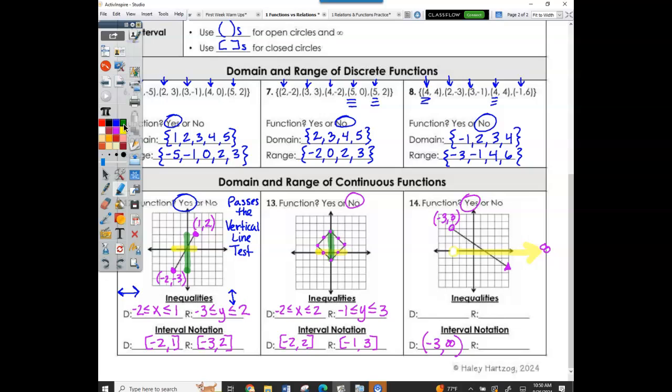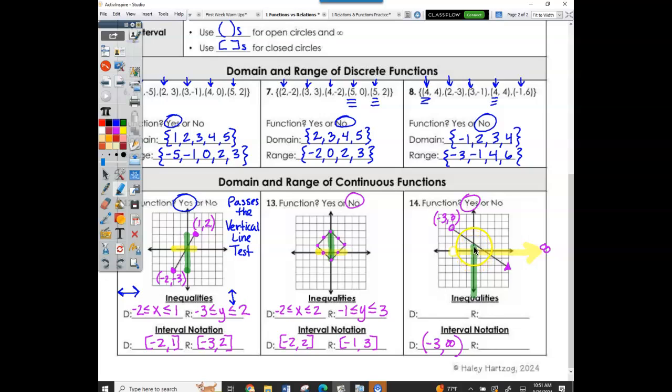So the graph is running this way, which means it's also running down. So as it's running down, and then we come up here, what's the highest y value? Where does it stop? Do I keep going? Nope, I've gone too far now. Watch. It's definitely running down to negative infinity.